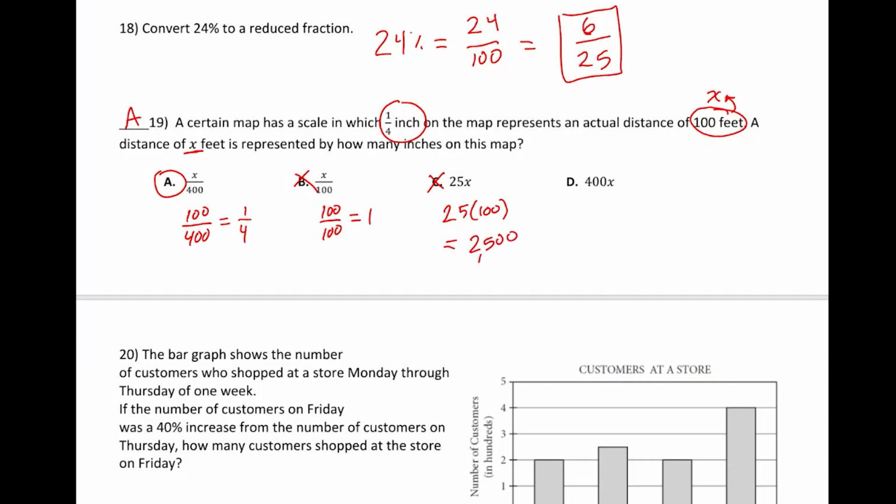We're looking for 1/4 of an inch. And for choice D, 400 times 100, yeah, again, obviously this is not going to be right. That's 40,000. The only answer choice that comes close and is even the answer is choice A. So again, just test this number into each answer choice. You should get it pretty easily. And we can skip the algebra on this one.